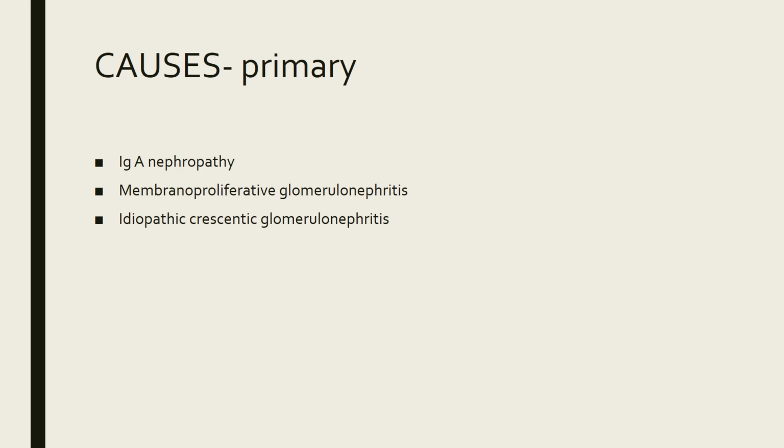We can look at the causes of the nephritic syndrome as being either primary, meaning that the cause emanates from the kidney, or secondary, meaning that the cause of the renal damage is as a result of disease that is systemic.